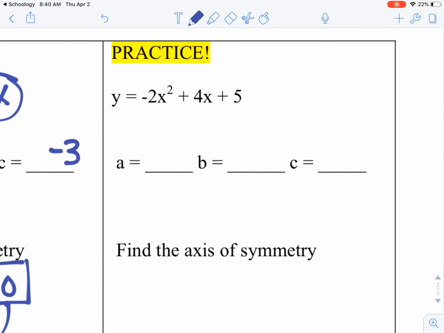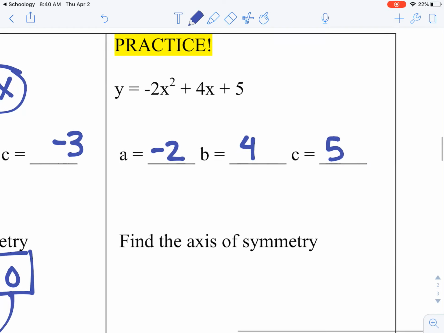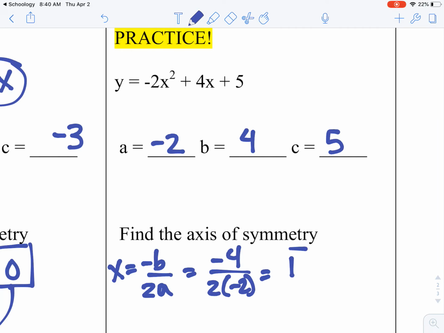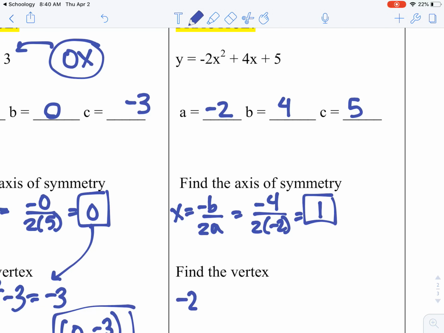All right, last example here. Negative 2, 4, and 5 are our a, b, and c values. Axis of symmetry: negative 4 over 2 times negative 2, equals 1. Plug that into our original equation.